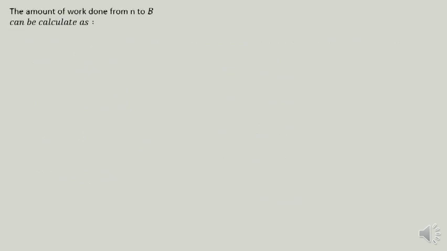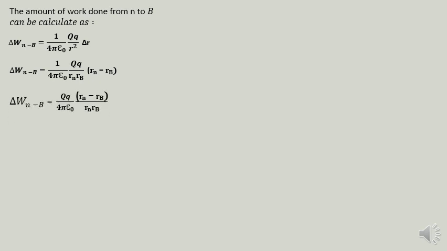Now the amount of work done from n to B can be calculated as W n to B is equal to 1 over 4 pi epsilon naught capital Q small q upon R square delta R, where we put the value of R square and delta R. So we get delta W n to B is equal to 1 upon 4 pi epsilon naught Qq upon Rn Rb, Rn minus Rb, and delta W n to B is equal to Q upon 4 pi epsilon naught Rn minus Rb over Rn Rb.